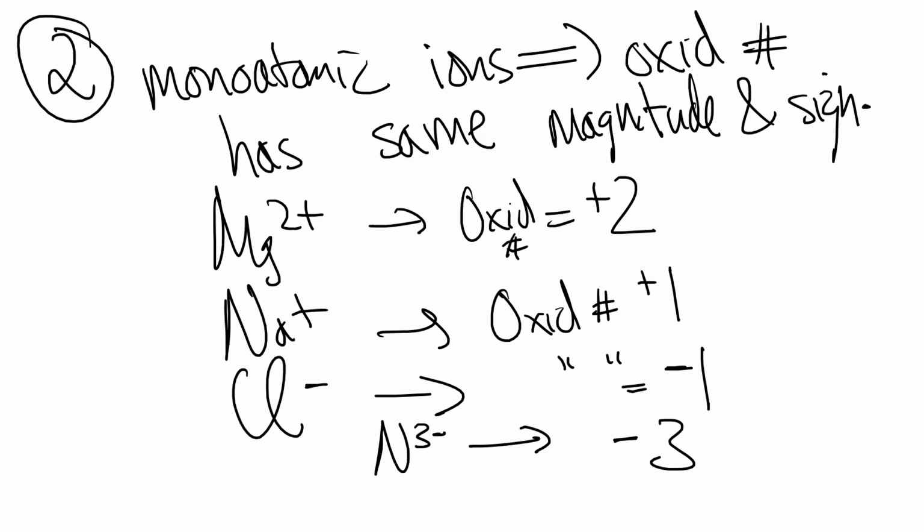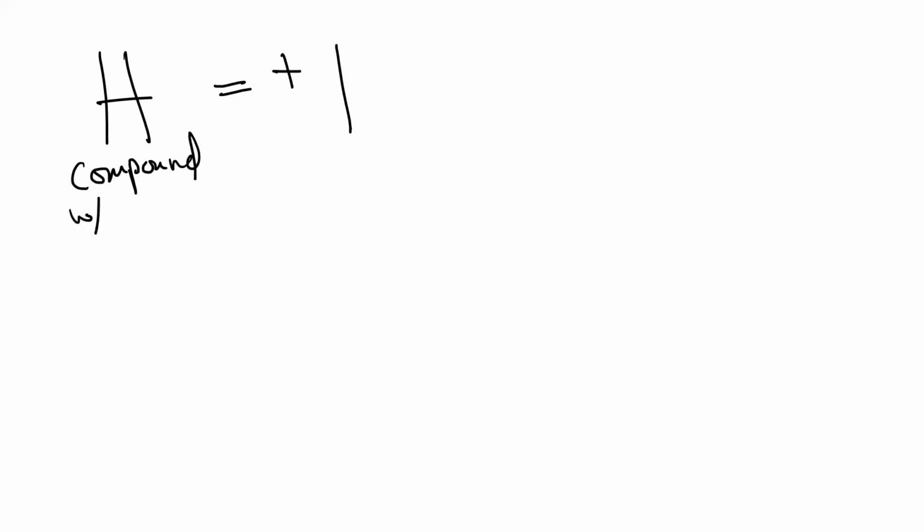Am I going too fast? Were you all right? Okay. Next thing on there then are the following rules. Hydrogen, in general, unless paired with a metal, is equal to +1 if it's in a compound with other elements, especially with other nonmetals. Remember, H2 has an oxidation number of 0 because it's elemental.